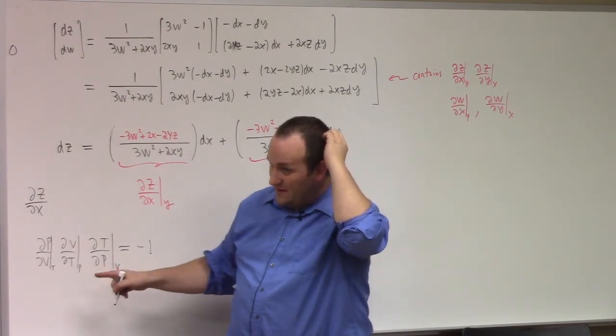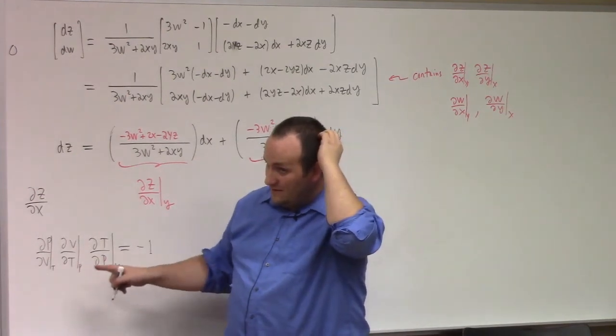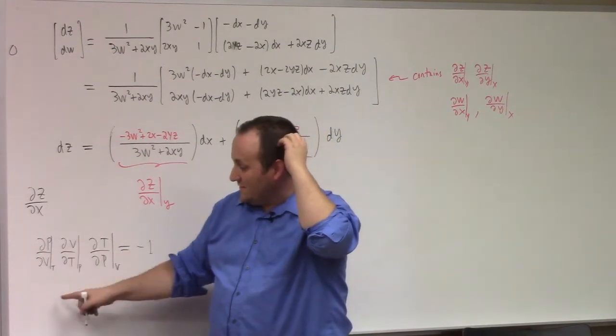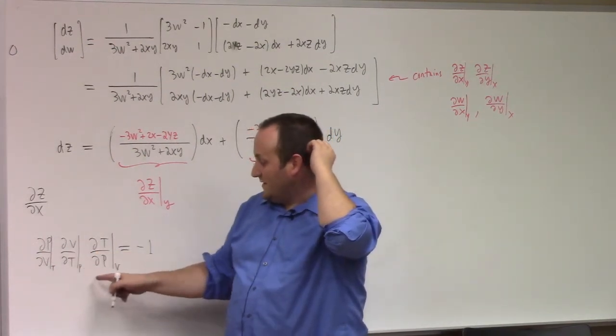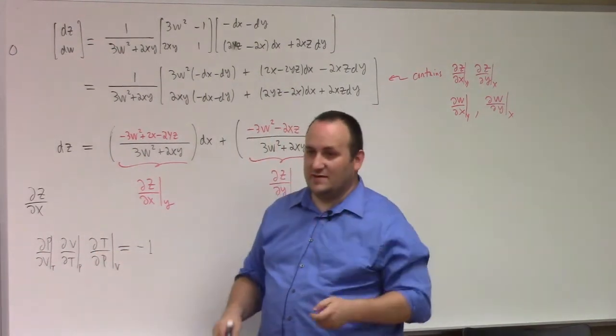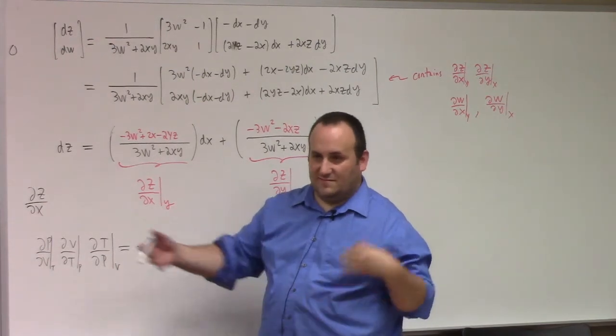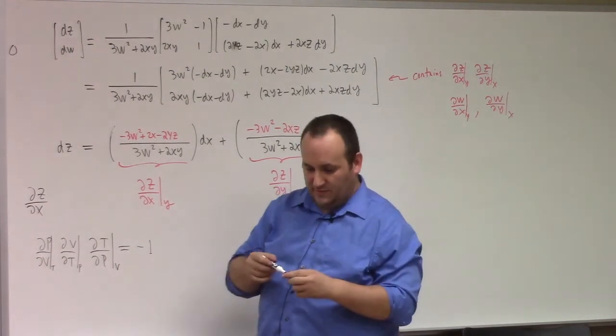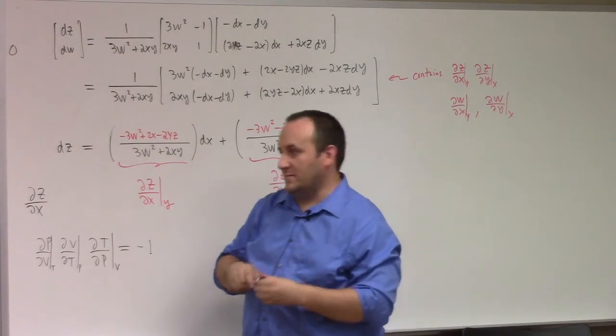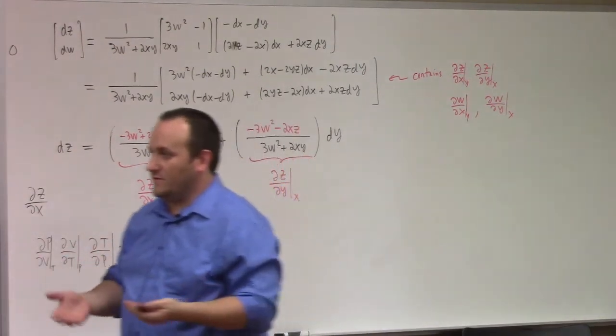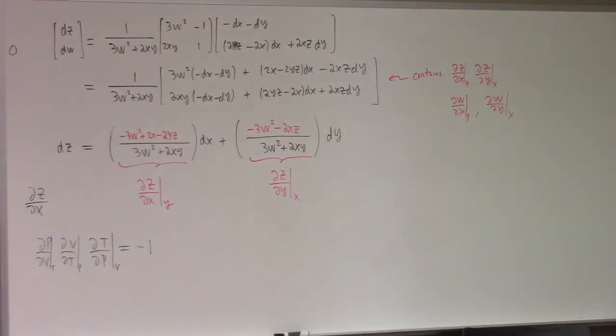This is a very bastardized expression. p is a function of v and t, v is a function of t and p, t is a function of p and v. It's all intertwined. That's all over thermodynamics. It's unavoidable. In thermo, that's so much of what it is.